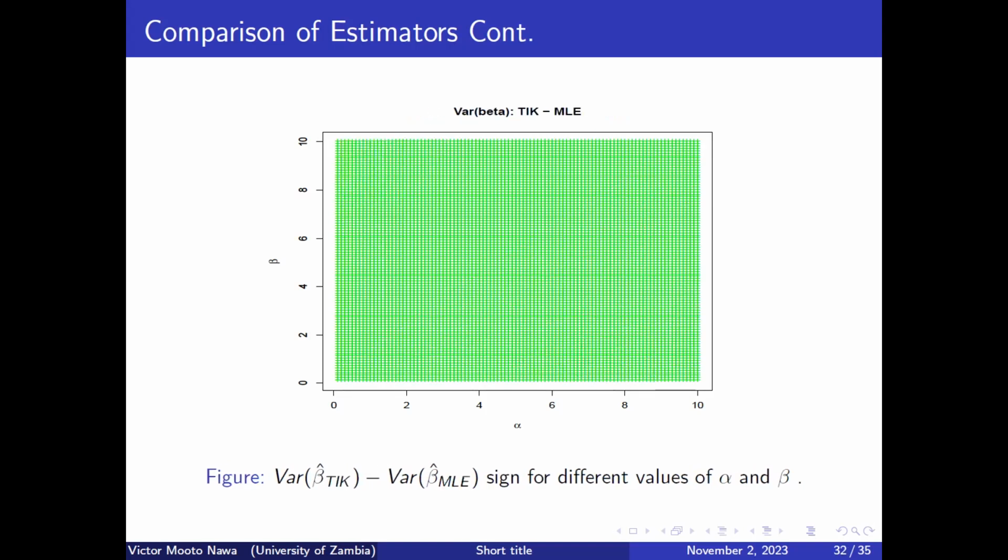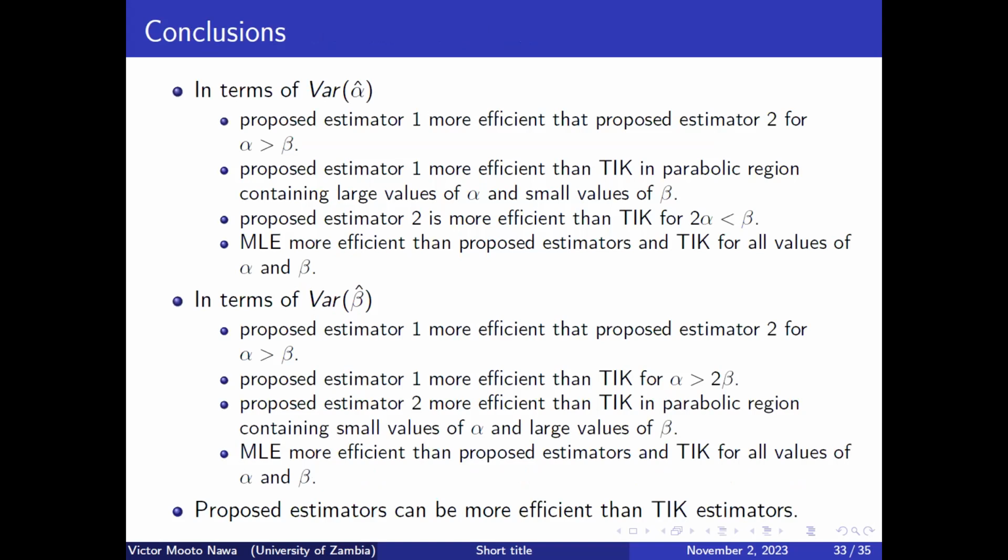So basically what we tried to do here was to propose an alternative closed form estimator that would be simpler than the TIK estimator. And what you see here are the results coming out of those tables where we are making the comparisons.